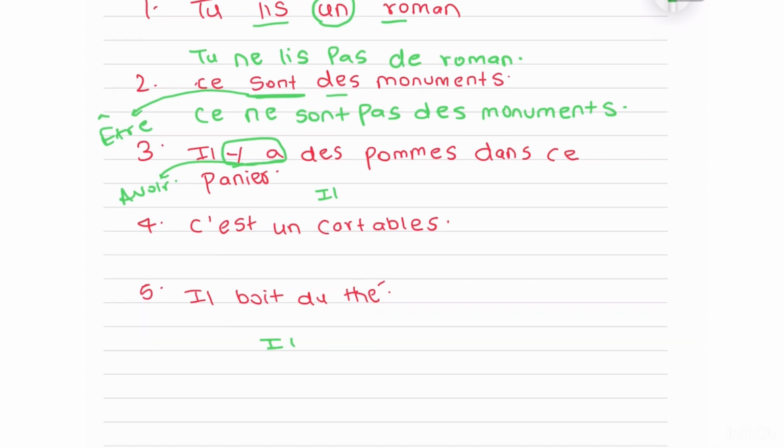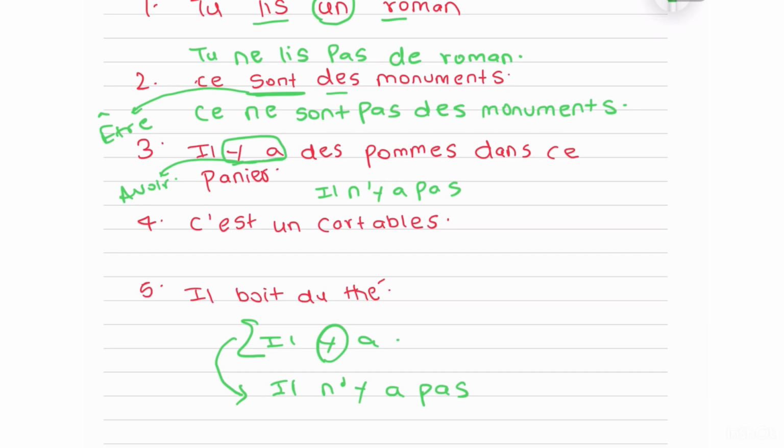Whenever you have this in your sentence and you're supposed to make it negative, you always do il n apostrophe because y is treated as a vowel in French and then il n'y a pas. For now you need to know whenever il y a is there, it becomes il n'y a pas. And you have to do it whenever you see il y a as your subject in the sentence. So il n'y a pas, then this des will become de and you write the sentence as it is.